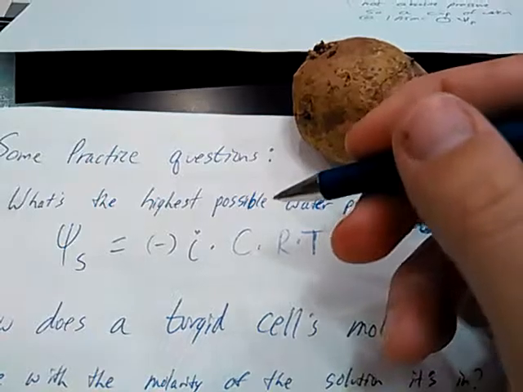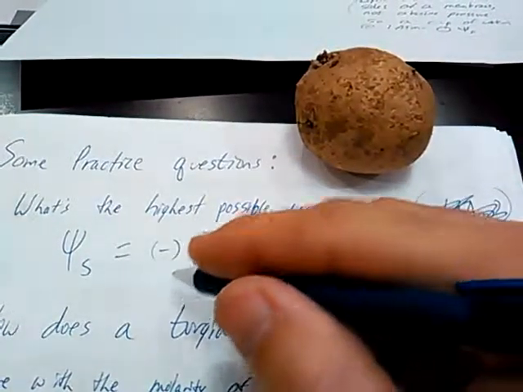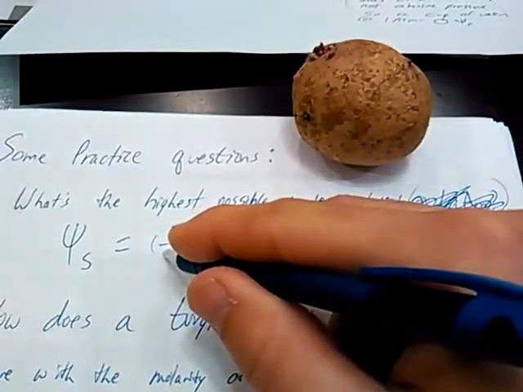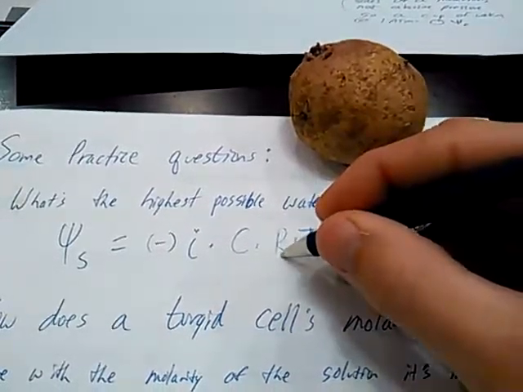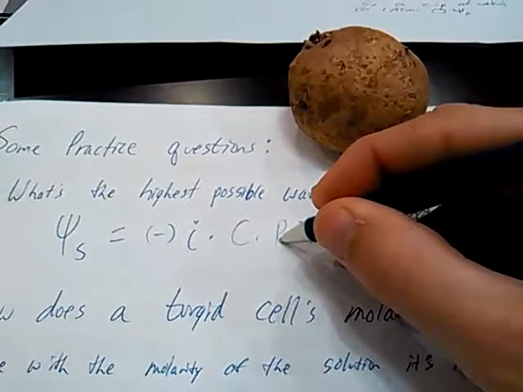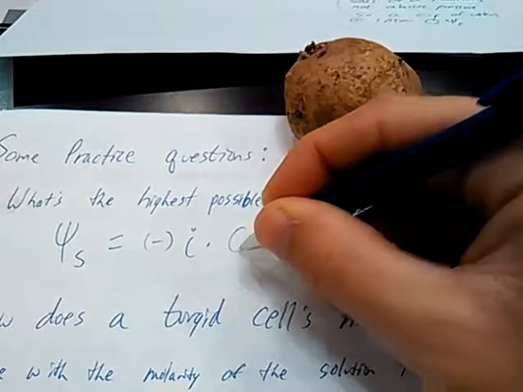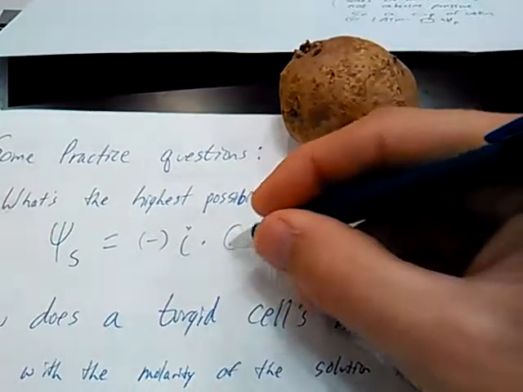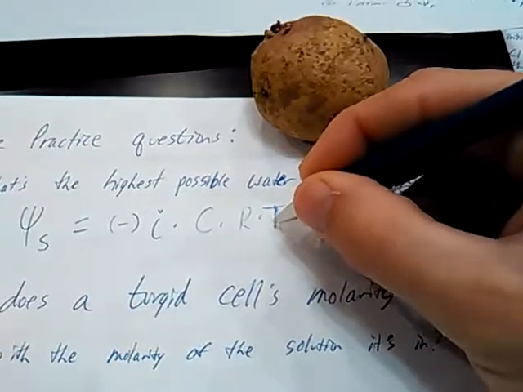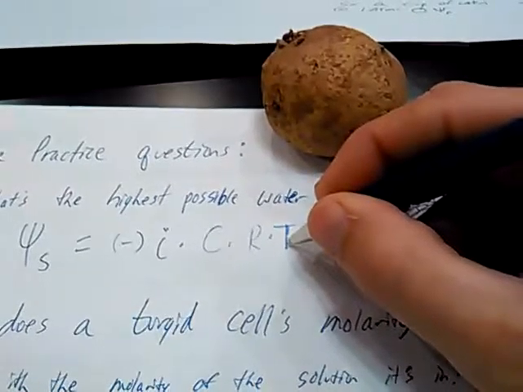So the way to get the highest value, if all values have to be negative, remember we can't make the R value negative, it's a constant. We can't make concentration negative because the lowest concentration is 0. We can't make temperature negative because it's in kelvins.